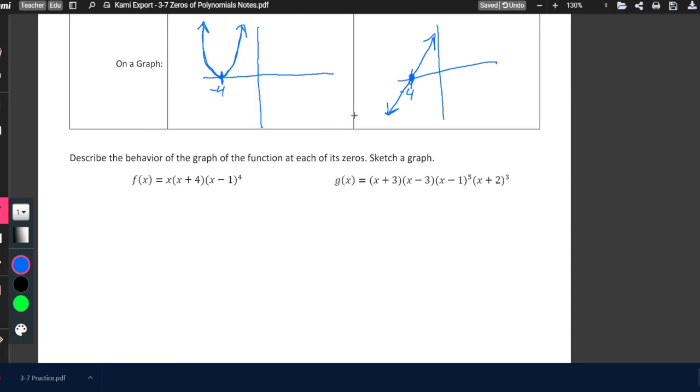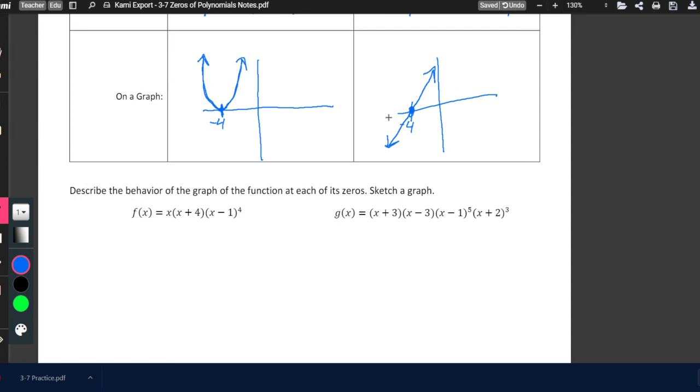No? Okay. So next we're going to look at these and determine what the graph does at each of these zeros just by looking at the multiplicity. First we need to find our zeros by setting each of these terms equal to 0. So x equals 0. Well, that one's already solved. So x plus 4 equals 0, we get x equals -4.